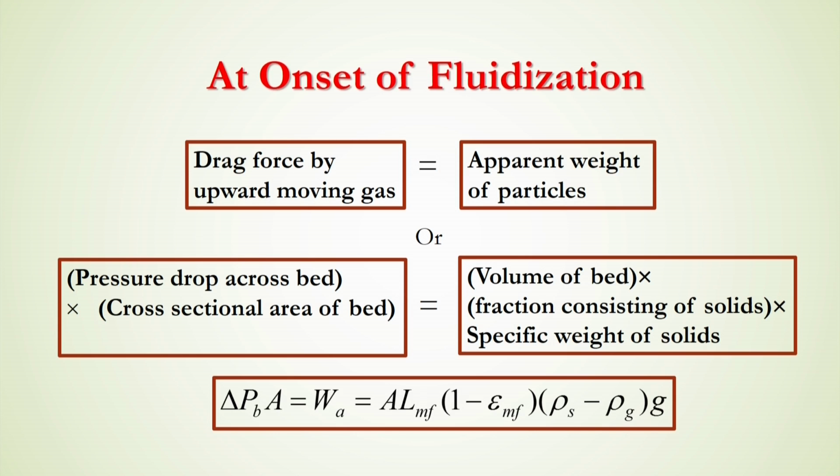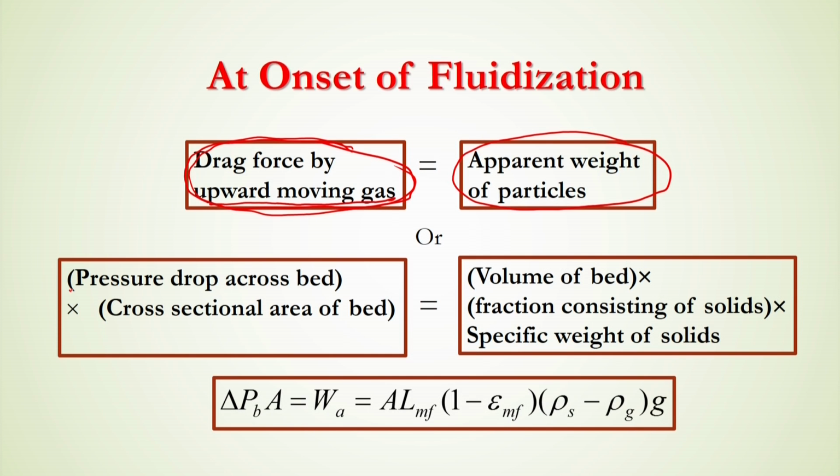Now, how to get it? You have to balance this apparent weight of the particles with the drag force acting upward by the upward moving gas. So the drag force will be balanced by the apparent weight of the particles, so that you can get the minimum fluidization. Now, how to calculate the drag force by the upward moving gas?